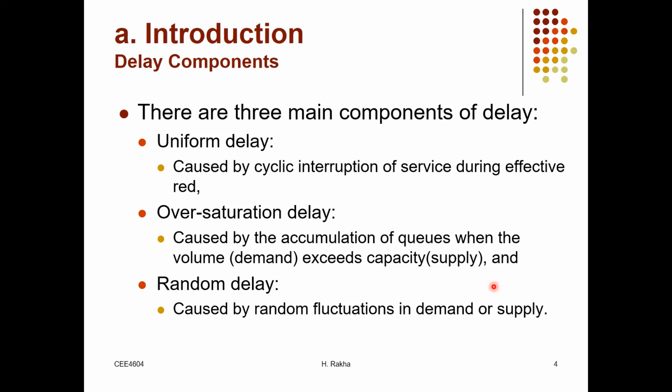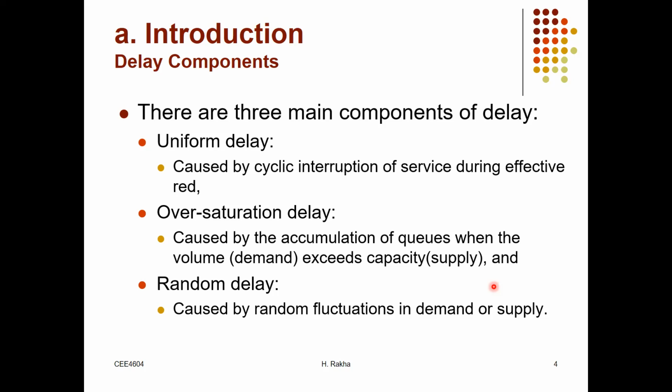So the uniform delay will be observed when the demand is less than the supply. I would argue that on game day, the demand is greater than the supply. Is that correct? So you're going to observe oversaturation because you've got a lot of traffic.